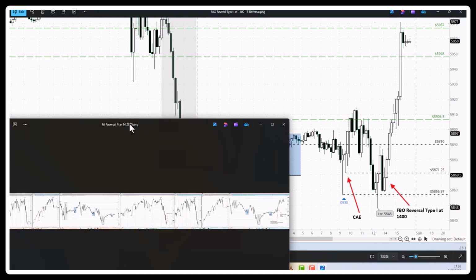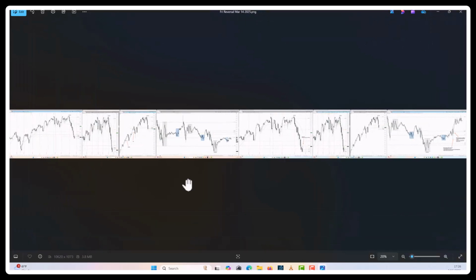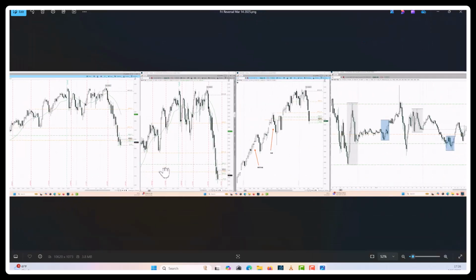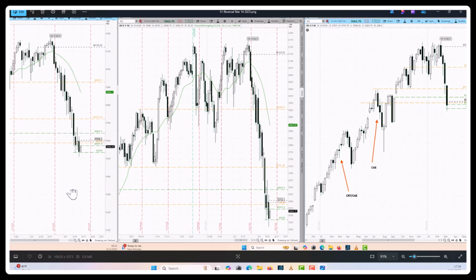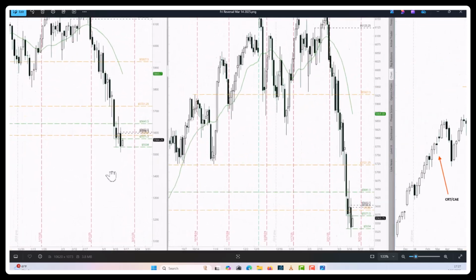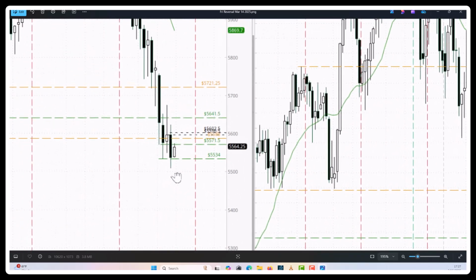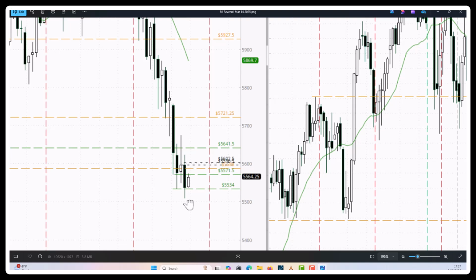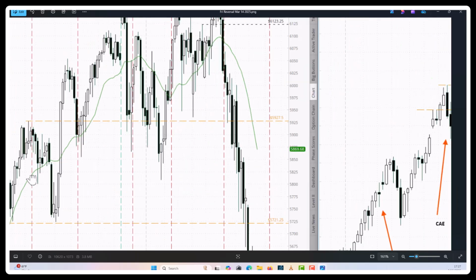But for this week, we have the same reversal. So it's the weekly right there. You see that? Yep. But the reversal this week is a little bit different.